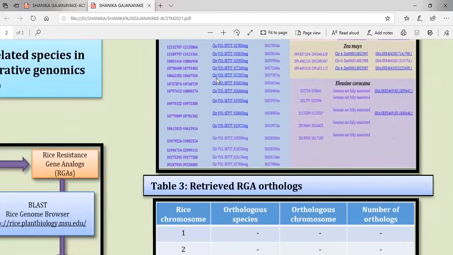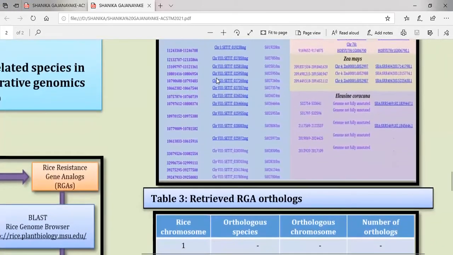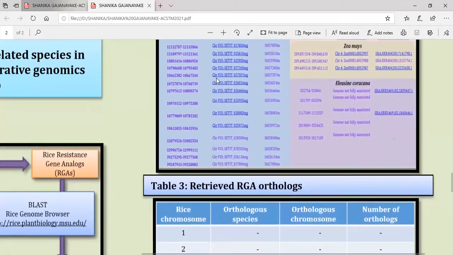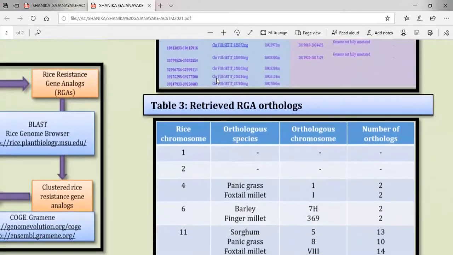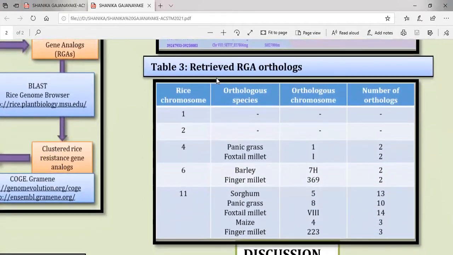Rice RGA clusters in chromosomes 4 and 6 also retrieved orthologous RGA clusters in panic grass chromosome 1, foxtail millet chromosome 1, and barley chromosome 7H, finger millet scaffold 369, respectively, as you can see in Table 3.